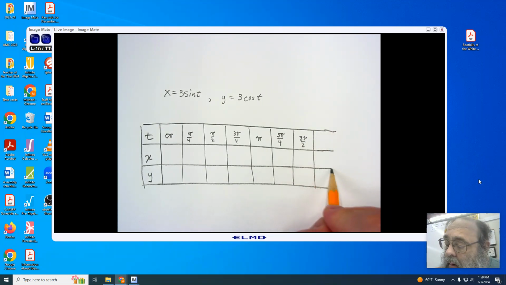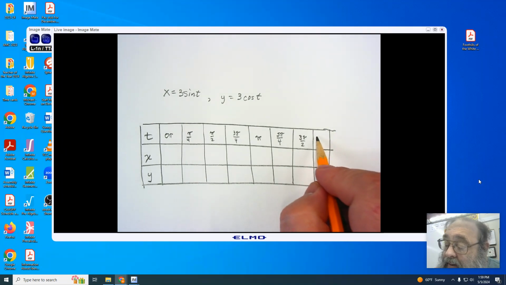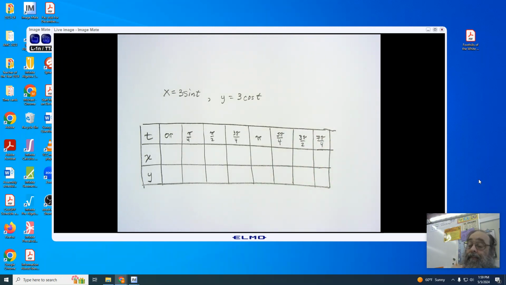Put that all the way in, and we're going to say that this is 7 pi over 4. Last one would be 2 pi.